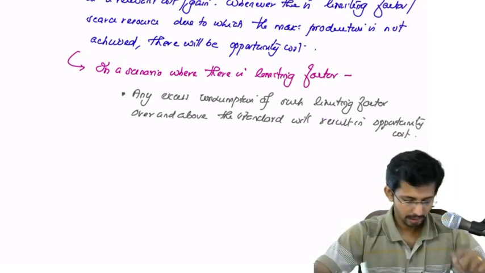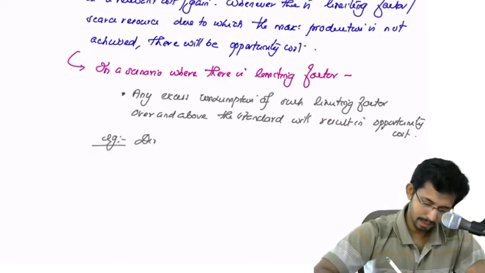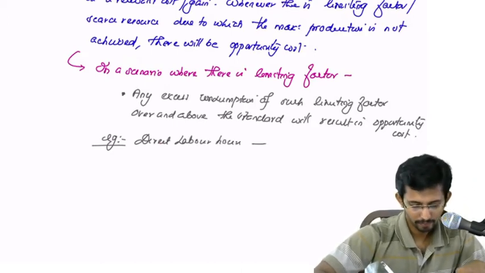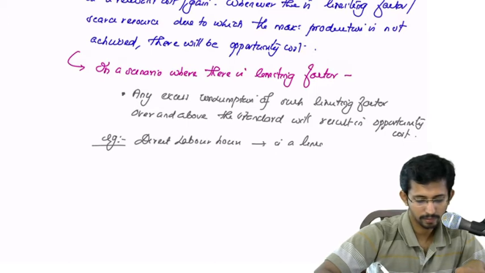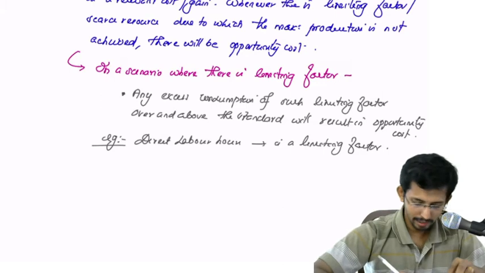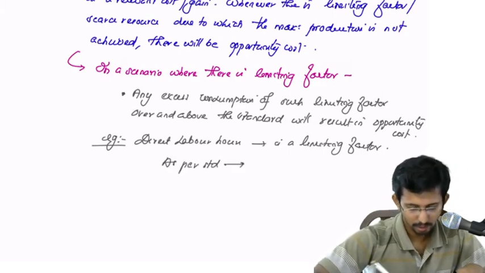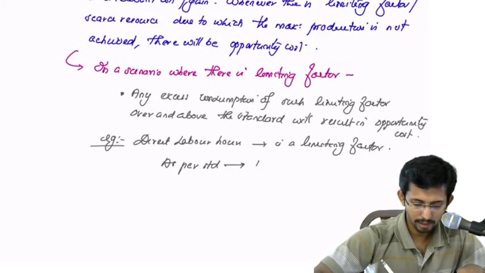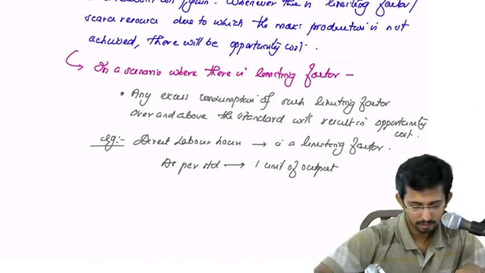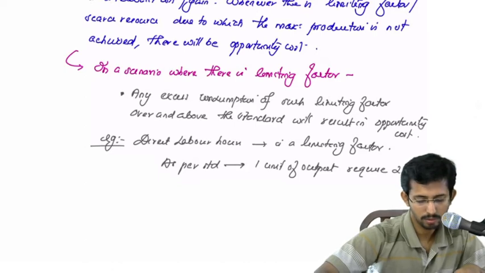Am I right? Say for example, direct labor hours is a limiting factor. Okay, and as per standard, 1 unit of output requires, say, 2 labor hours.